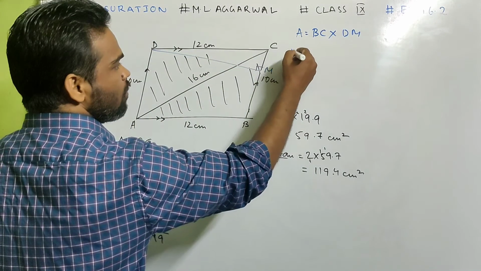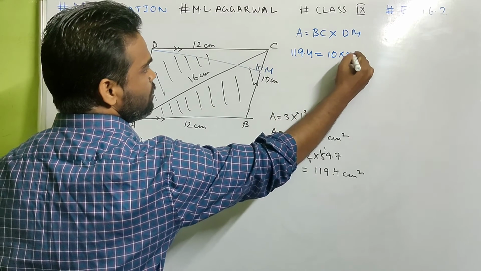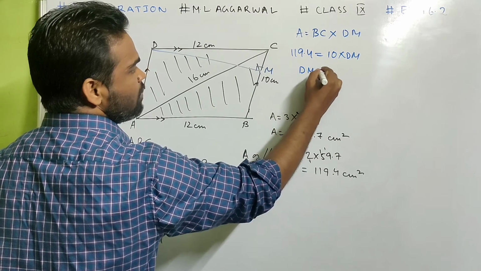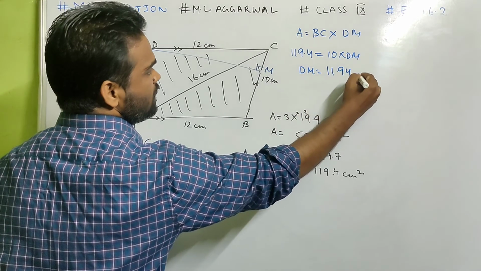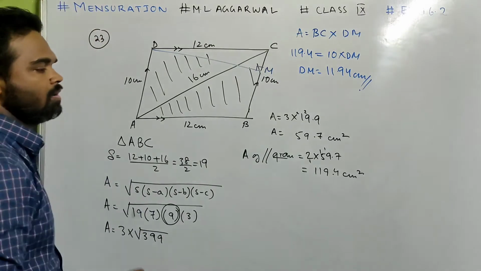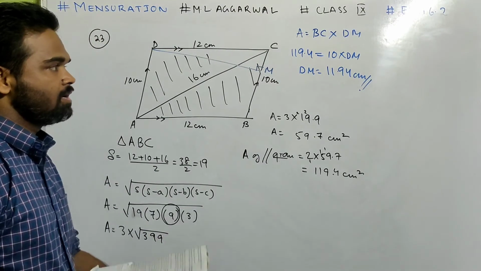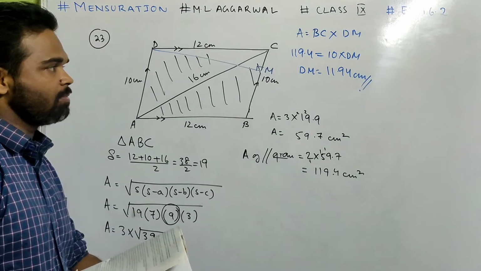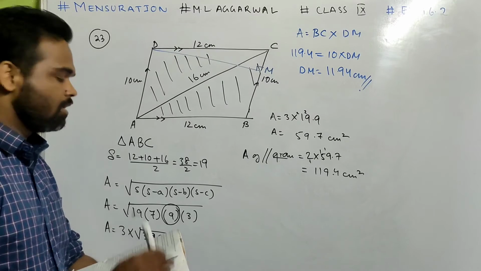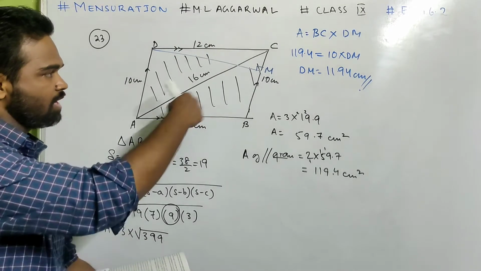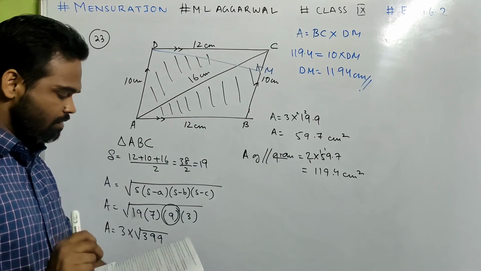Now area I know 119.4, BC is 10 into DM, which means DM will be 119.4 divided by 10, which is 11.94 centimeter. Got it? So the area will be 119.4 centimeter square, and the distance between the shorter side will be 11.94 centimeter. Use Heron's formula to get the area of the triangle. Multiply by 2. That's the area of the parallelogram.